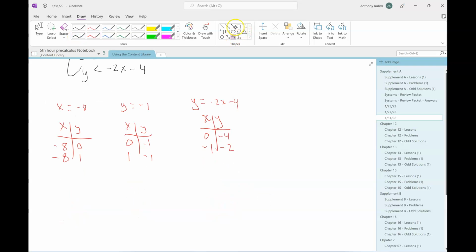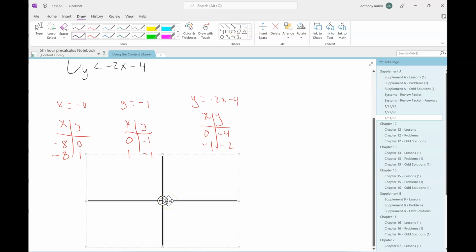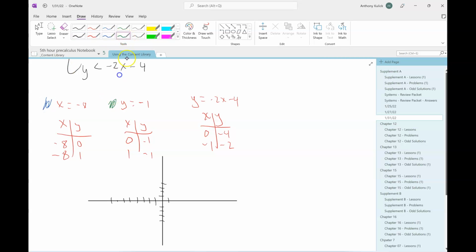So let's go ahead and start drawing some stuff here. 1, 2, 3, 4, 5, 6, 7, 8. 1, 2, 3, 4. 1, 2, 3, 4. All right, so let's do blue, and then green for this one, and gray for that one.